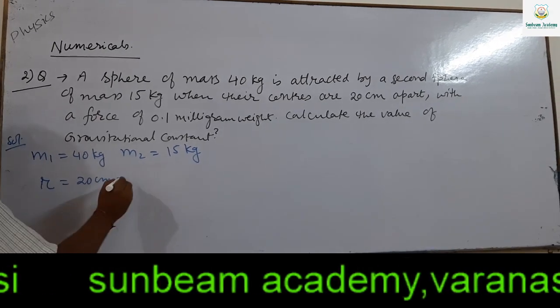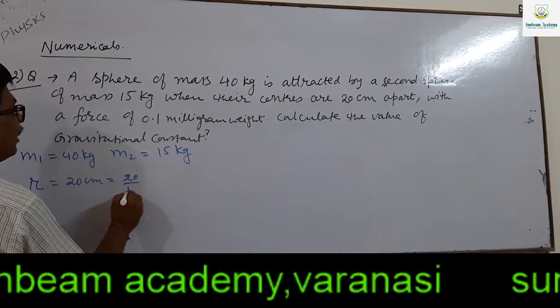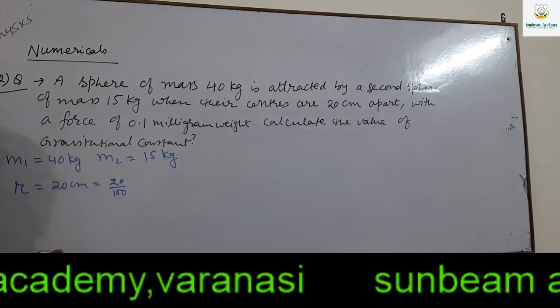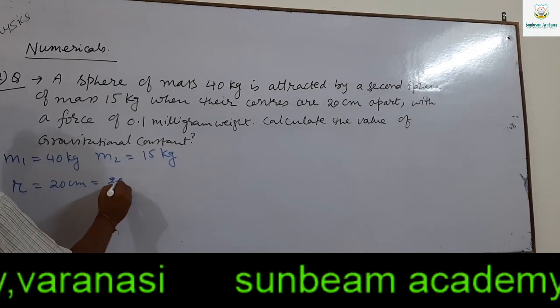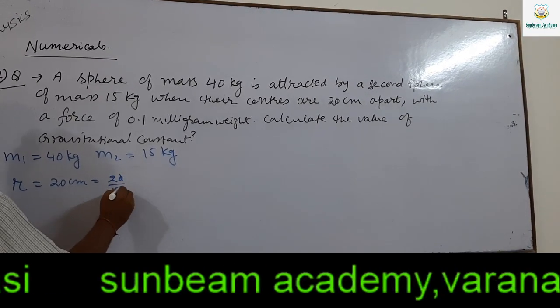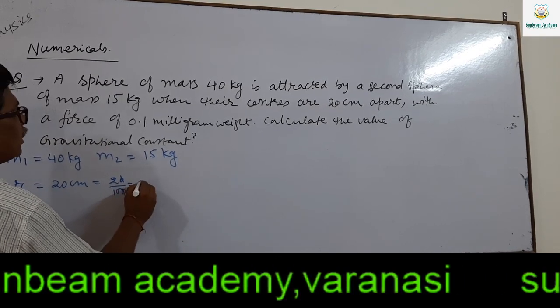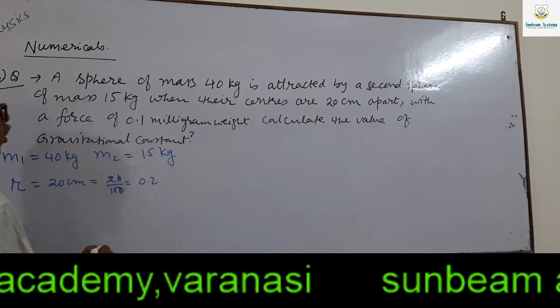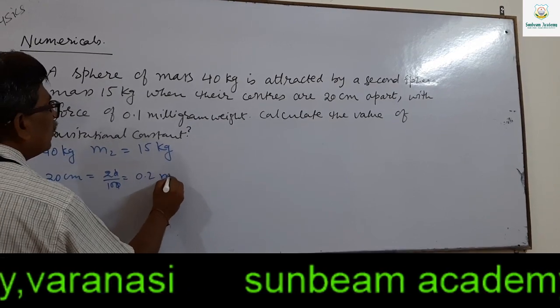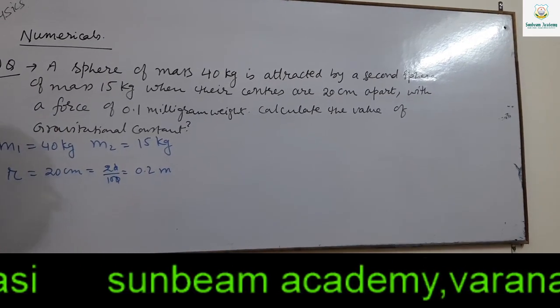You change it by dividing by 100. 20 divided by 100, you get 0.2 meter.